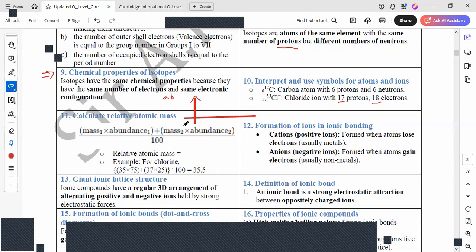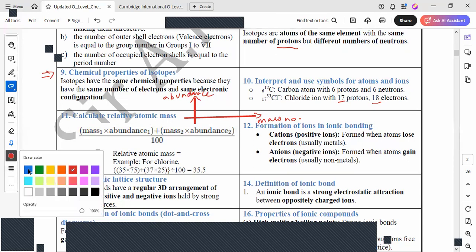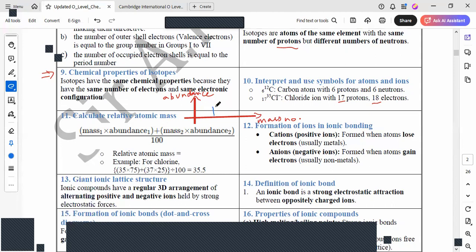If it is in ratios, then you have to sum up the ratios and then divide. There are two peaks, one of 35 and the other of 37. So you need to calculate the relative atomic mass.